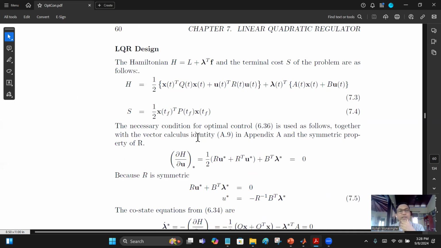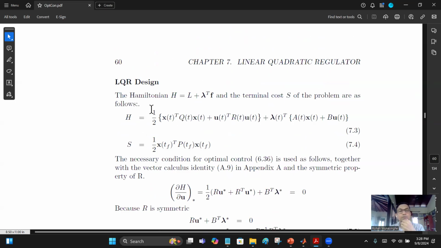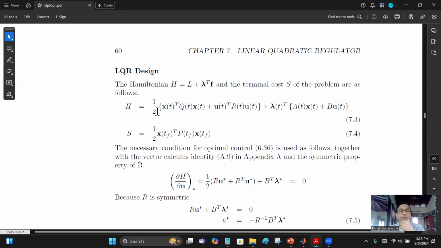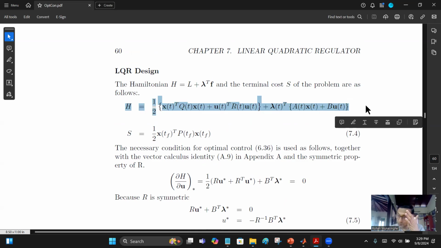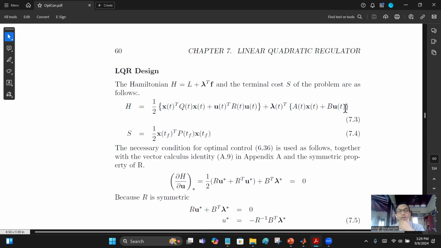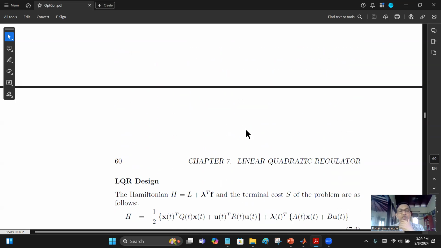So to do that in LQR design, we do this. We define something called the Hamiltonian. Hamiltonian H, which is equal to L plus lambda transpose F, right? So in fact, in this particular case, this is the Hamiltonian. If you go back to 7.1, you will see it is part of the cost function itself.